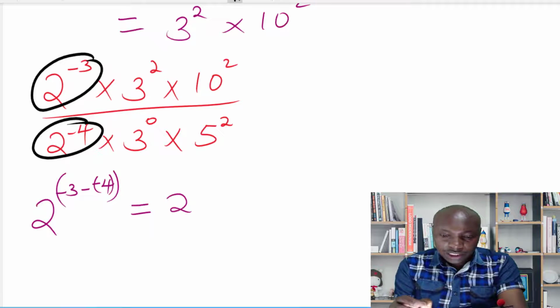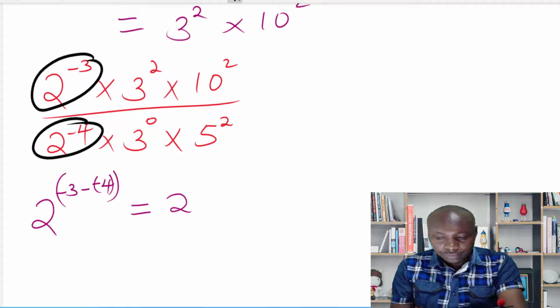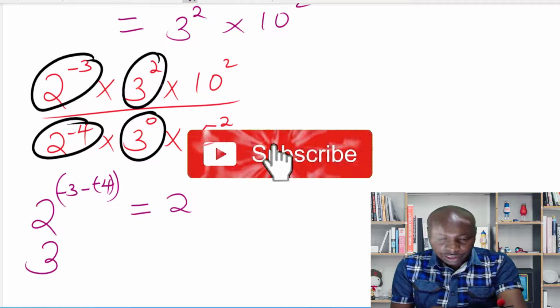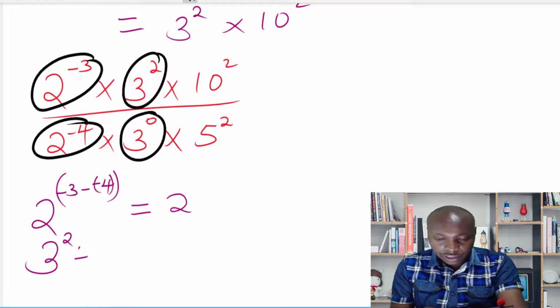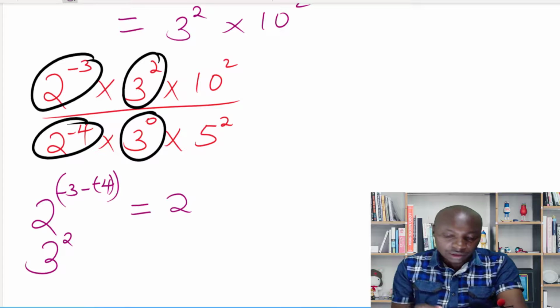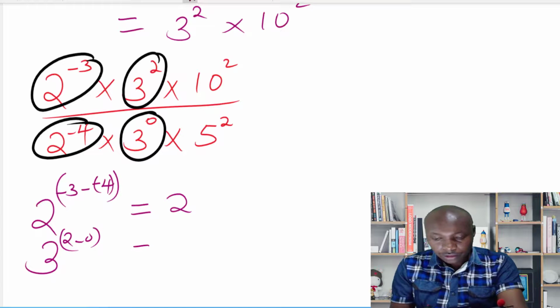Then we can proceed and take the other one, which is 3 raised to power 2 divided by 3 raised to power 0. Just when you're dividing and the base is the same, by the laws of indices, you subtract the powers, so 2 minus 0, and this will be 3 squared.